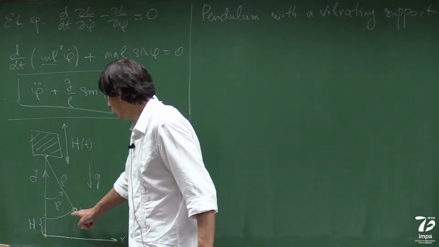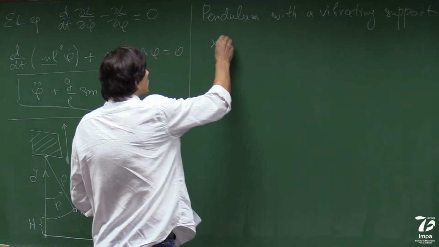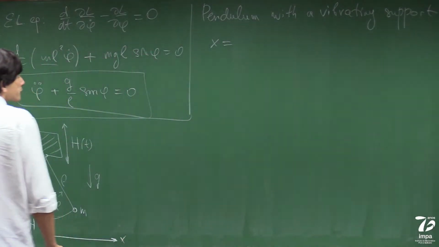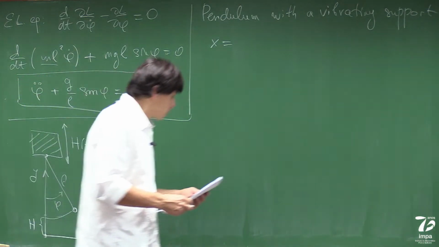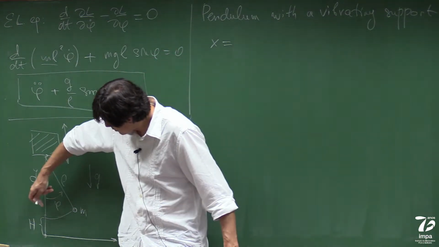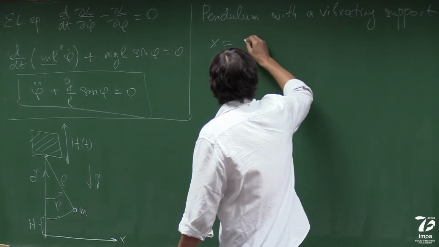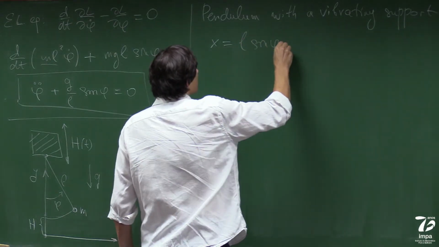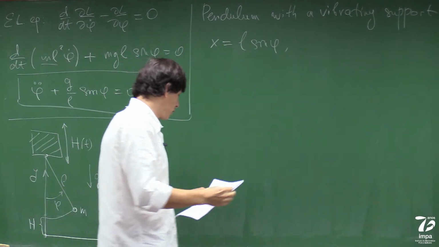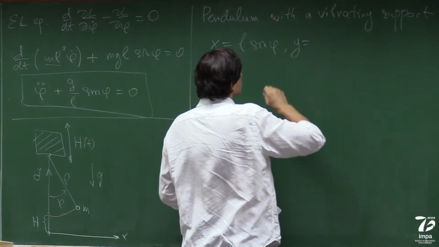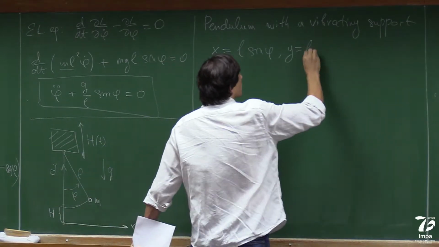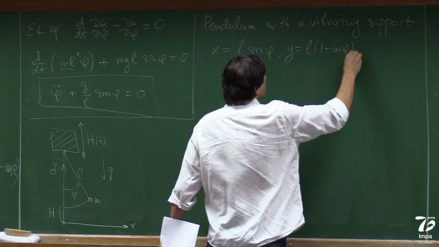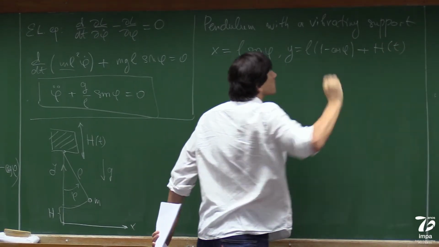And now let's compute. First let's compute the coordinates of the mass in terms of our generalized coordinate psi. The horizontal coordinate is L sine psi. And the vertical coordinate is, first the same, L(1 minus cosine psi), and plus H of t. Correct?